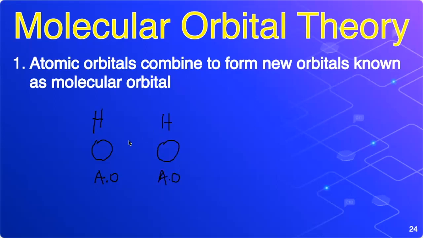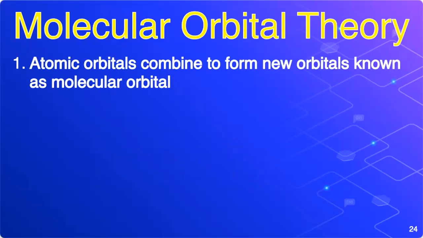If we combine the two atomic orbitals of the hydrogen atom, we will form what we call the molecular orbital. So this is now the molecular orbital for the hydrogen molecule. So we have the MO. When we combine atomic orbitals, molecular orbitals are formed.